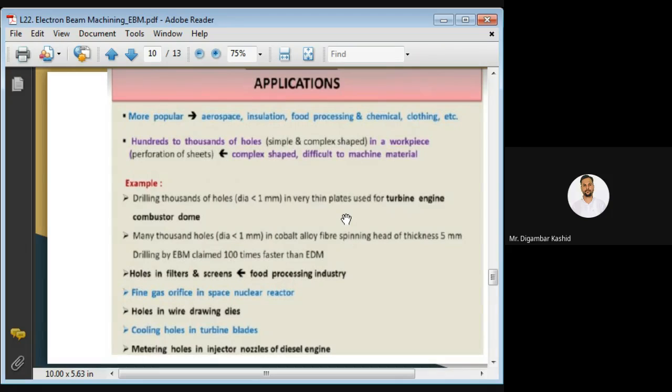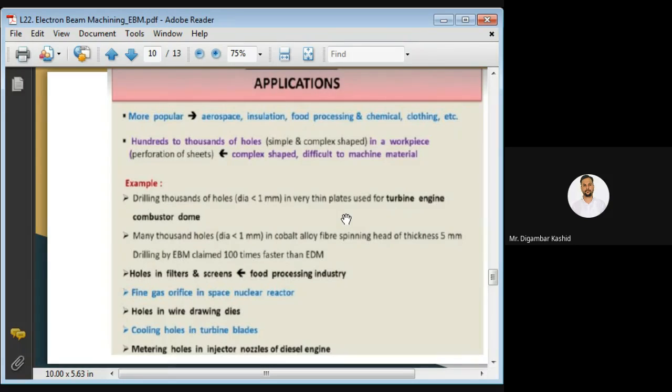Thousands of holes we can generate, and that drilling is 100 times faster than the EDM process. Then holes in filters and screens are possible using this process.